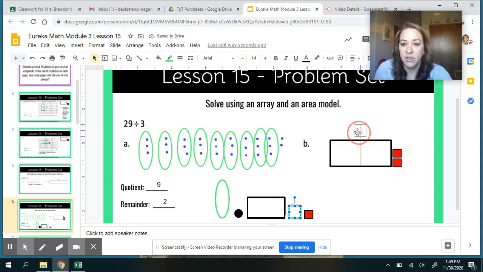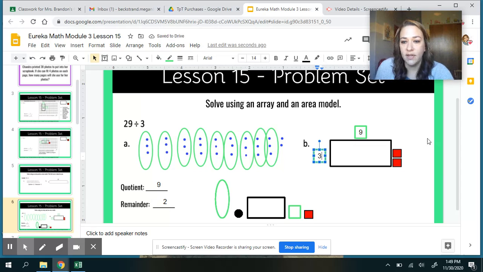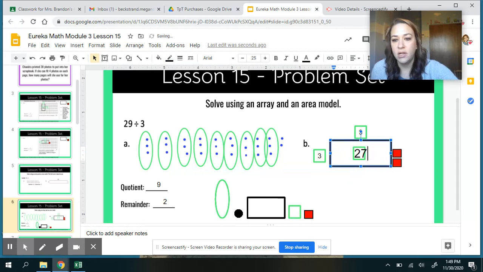So up here, we're going to put 9 times, oh, sorry, 9 times 3, because that's what we're dividing by. 9 times 3 gives us 27, plus these 2 on the outside gives us 29. So 29 divided by 3.